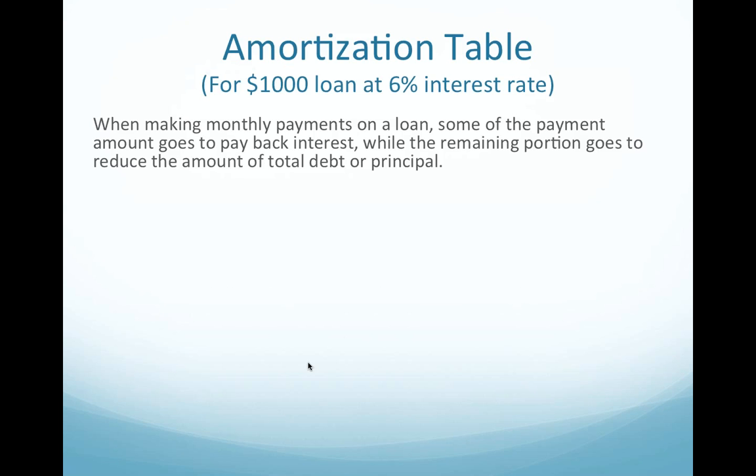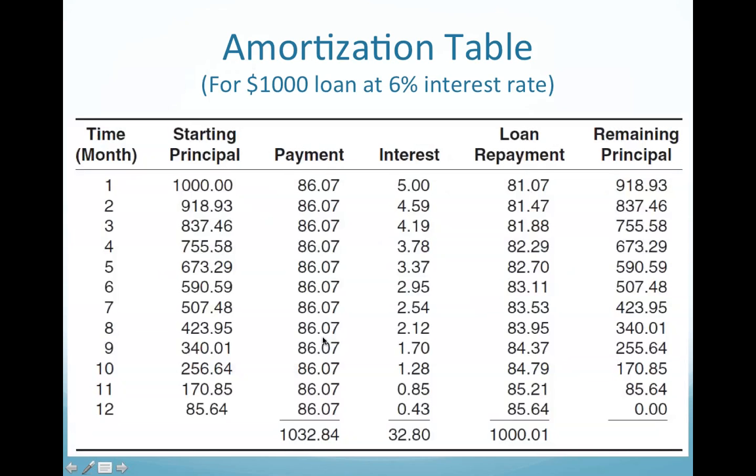You'll see this when you go get a car or you get a mortgage or something like that. They'll basically break down how much you borrowed, how much your loan is reducing each month, how much you're paying for interest, and how much is going toward the principal or the debt itself.